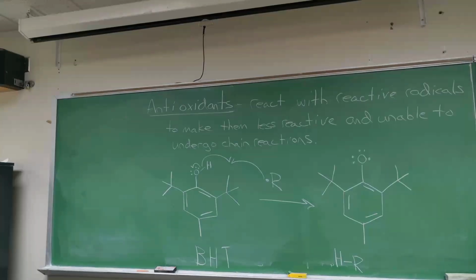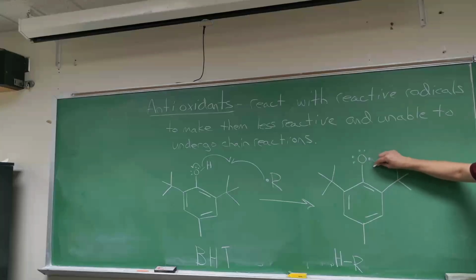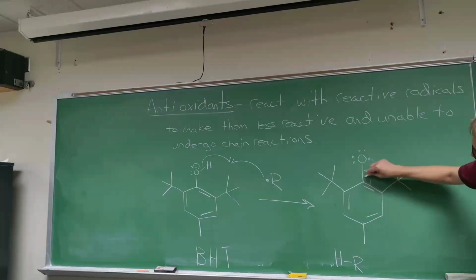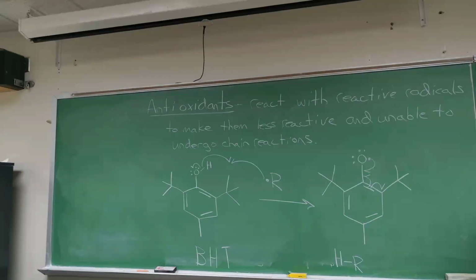Well, let's go through and draw them. This O dot can be shared differently by pairing it up with one of the electrons in the ring to give a new resonance structure where the dot is delocalized onto one of the carbons of the ring.